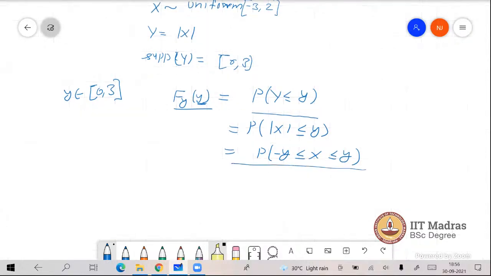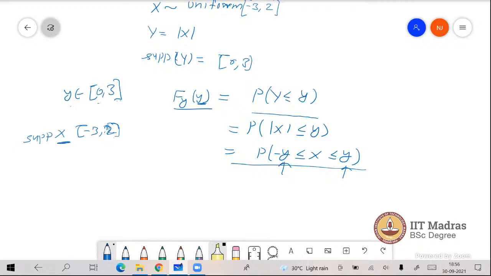I have converted this into y. I need to take care of these y's. These y are just points within 0 to 3. But the support of X is what? Minus 3 to 2, right? So I need to check whether minus y and y are coming inside the support or not. Look, y I have taken from 0 to 3. Minus y will satisfy. Yeah, minus y is always inside the support of X. But the support of X is up to 2 only. So whenever I take y greater than 2, my upper limit will go outside the support of X, right?